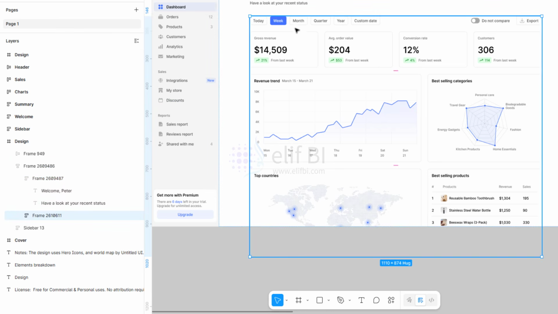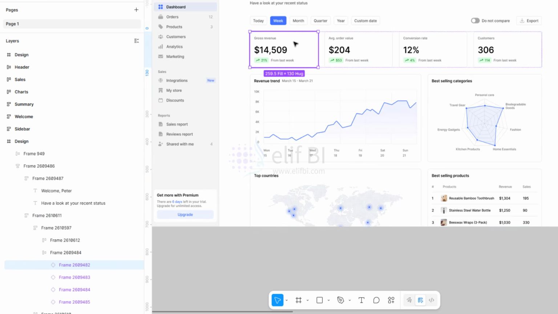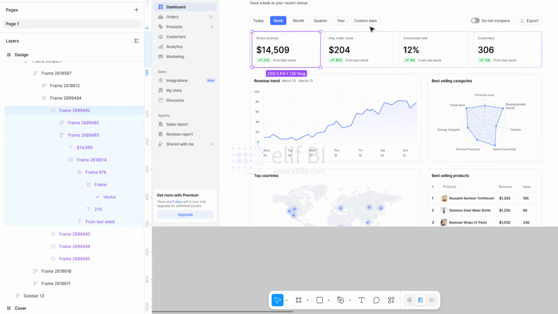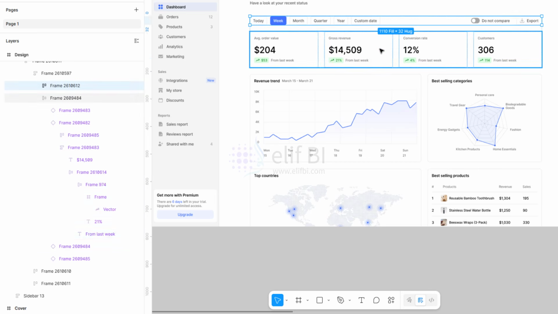If I keep on double clicking, I keep on zooming into the visual itself. Let's say you have got this KPI, which is the number, and then this component, which is the year-on-year percentage growth. Here it's from last week and so on, and we'll see later on how we can reuse it.